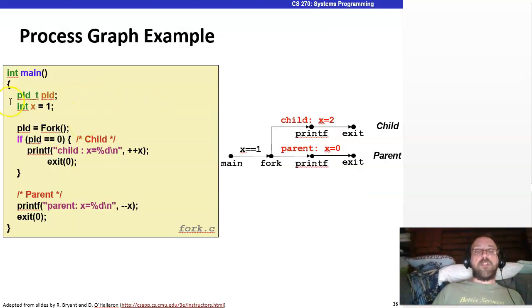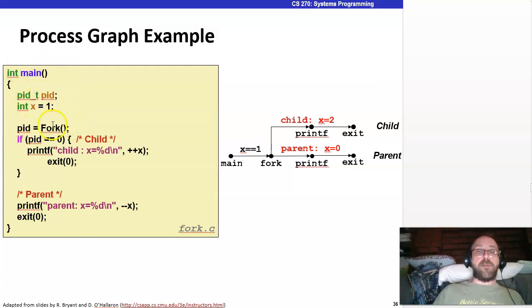So here's an example. This is the program we were looking at a minute ago. We start out with main. Main calls fork. So this is an edge indicating that main is called before fork happens, which should be obvious here because, well, the call to fork is within main.